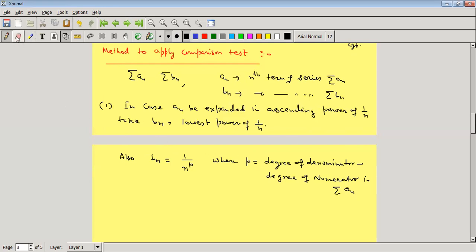So from the nth term, we can find the degree of the denominator minus the degree of the numerator. So this is our bn.